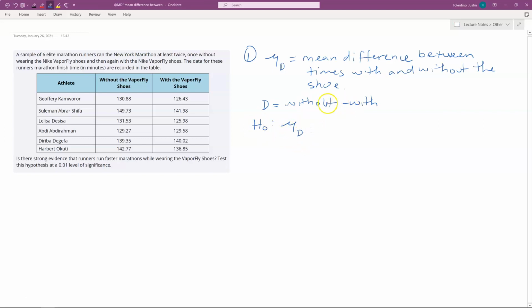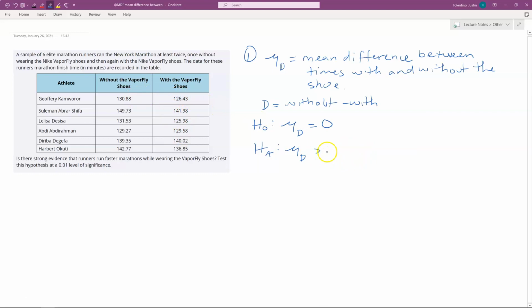Well, if these numbers were the same, then that difference, just like we would do in a 2-sample test, we would say, oh, that's equal to 0, right? There is no difference, right? But for our alternative, this is where we have to think about the order in which we're doing this. We're trying to say, if this is effective, if this can actually lower our time by running with the shoes, then when I take a bigger time minus a smaller time, we should end up with a greater than symbol, right?